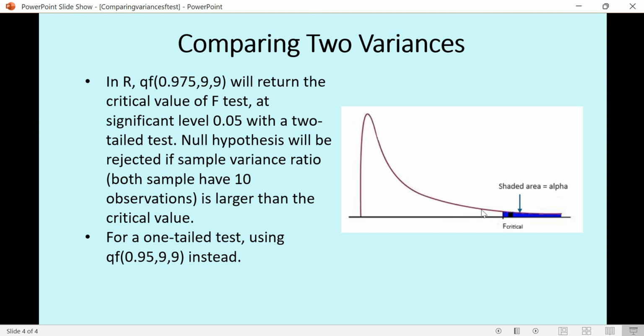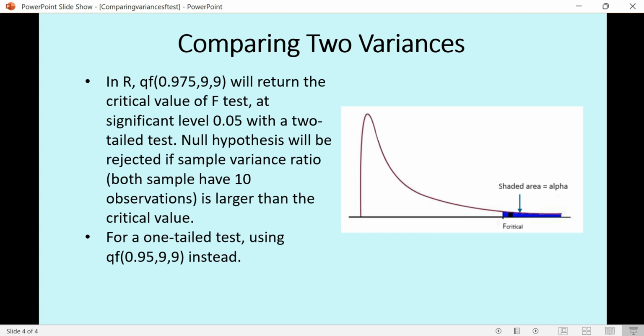If the ratio of the two sample variances is larger than this critical value, where the critical value is chosen so that there is 0.05 probability on the right side, then the sample ratio statistic will be located in this blue area.